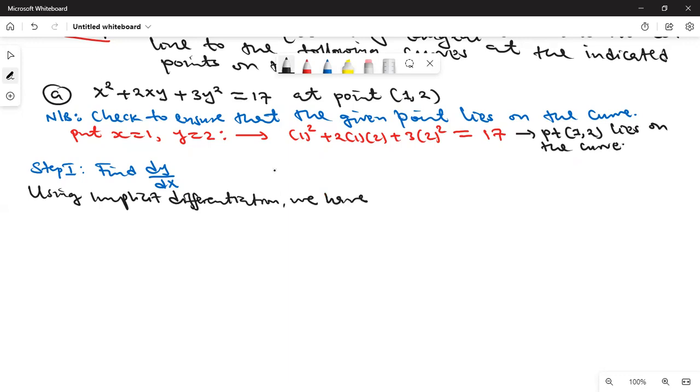Let's differentiate this one. Let me bracket it so that you see what you are differentiating. This is what I'm differentiating, this equation. Let's differentiate x squared. That will give us 2x plus 2. Now, here we have x times y. So one of them is u, another one is v.